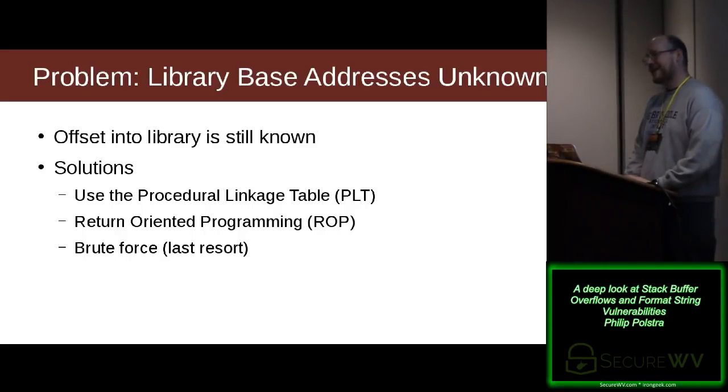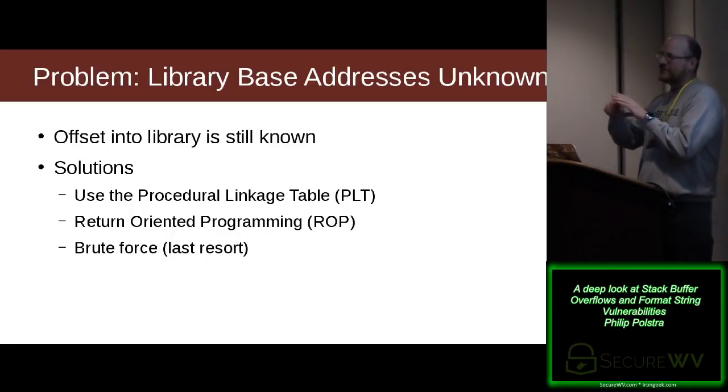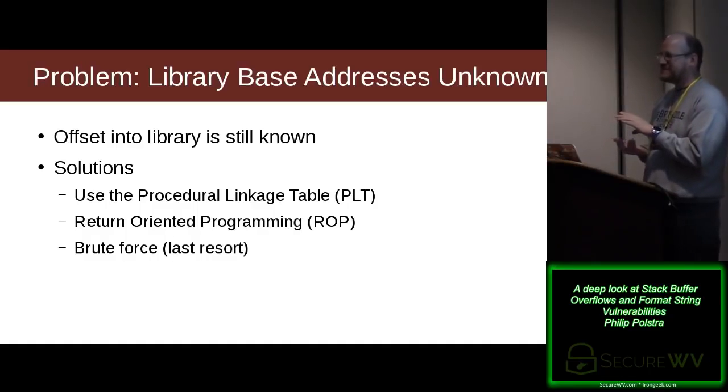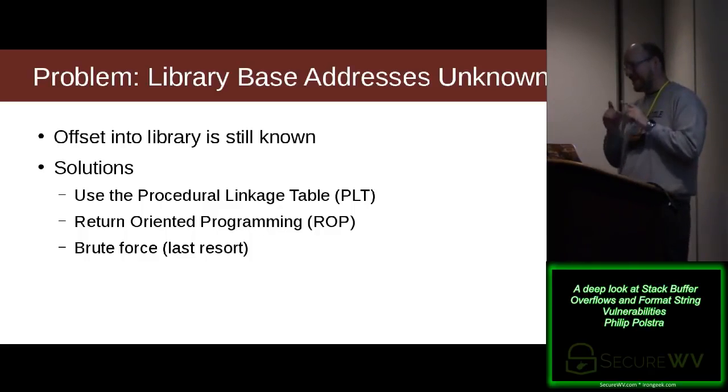Whenever I have a library function that's being called in my program, in the space where I have my main program, it will create this table that says, I want to call strcpy in MSVCRT. Where is it?